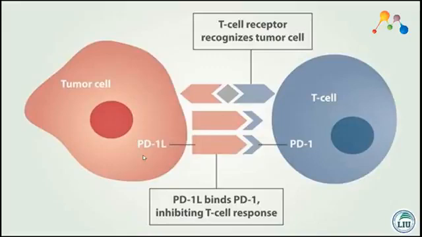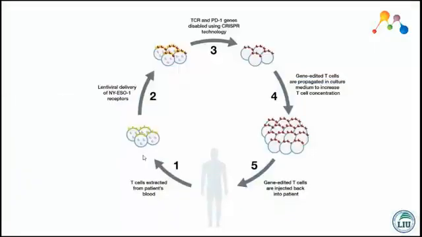So what happens here is that the cells are extracted and cultivated in vitro, and then, to achieve the goal of altering them, the gene coding for the PD1 protein, which is programmed cell death protein 1, is switched off using CRISPR-Cas9 technology.